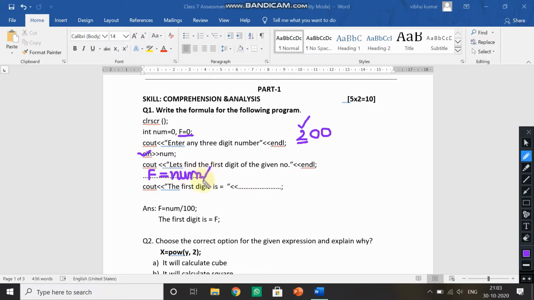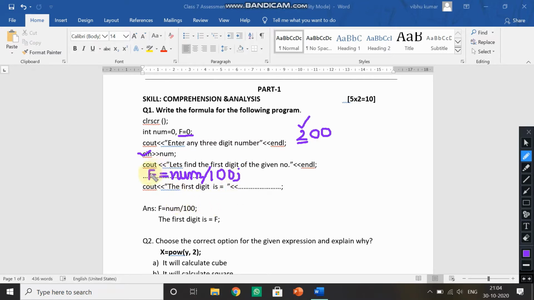then we will put the slash division sign, and because it is on the place of hundreds, I have told you that when we extract the value, we will see where the number is placed. So it will be 100 and then semicolon.